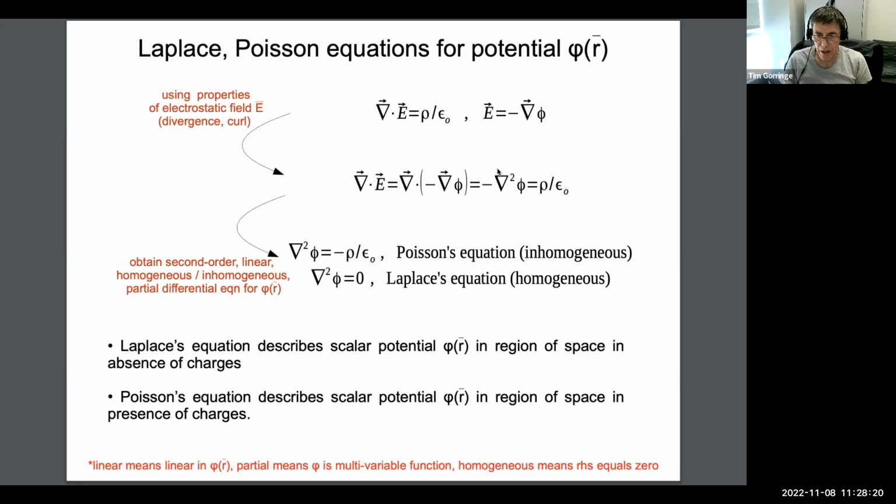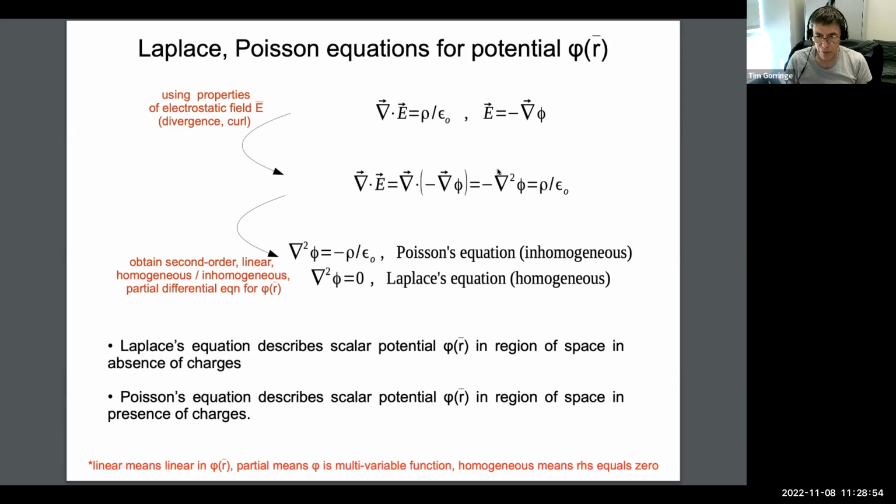Then we're going to remind ourselves of the ways in which we might have solved Laplace's and Poisson's equation in, say, an undergraduate or graduate course on electrostatics. One way we would have solved it is method of images. Another way we might have solved it is separation of variables. So we'll remind ourselves of those ways, and then after that, we'll move on to discussing the numerical solution of Laplace's equation.